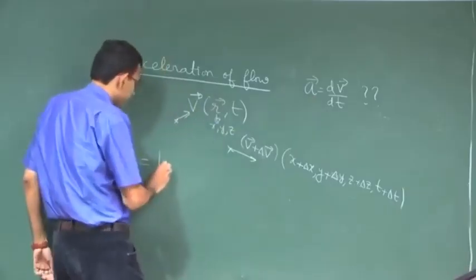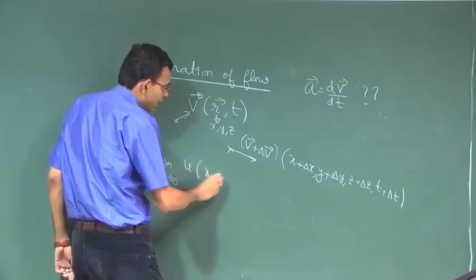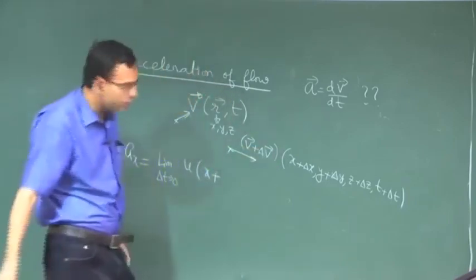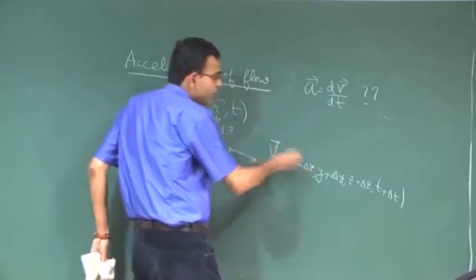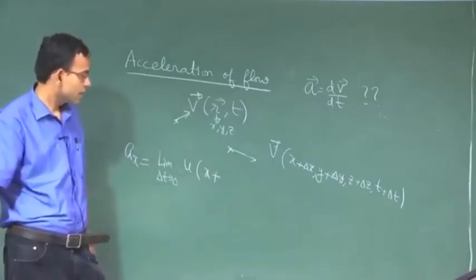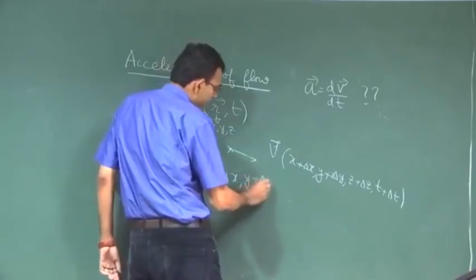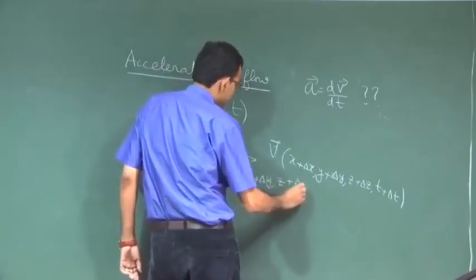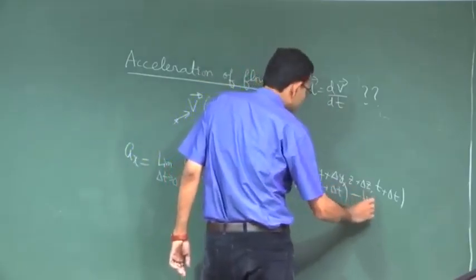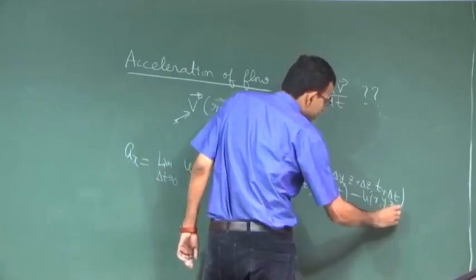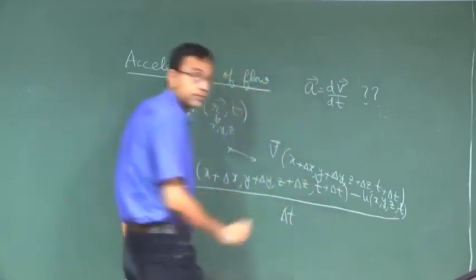So, limit as delta t tends to 0 of u at x plus delta x, y plus delta y, z plus delta z, t plus delta t, minus u at x, y, z, t, divided by delta t.